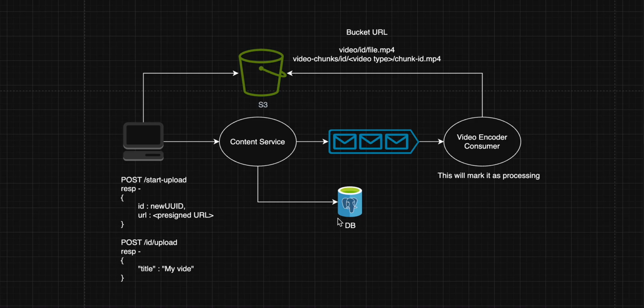And when that entry is saved in the database, we will push an event in Kafka. The messages from this Kafka topic will be consumed by consumers, which will be responsible for encoding the video. By encoding, I mean there are different steps which we want to follow.